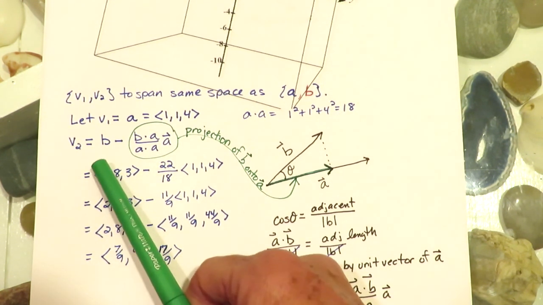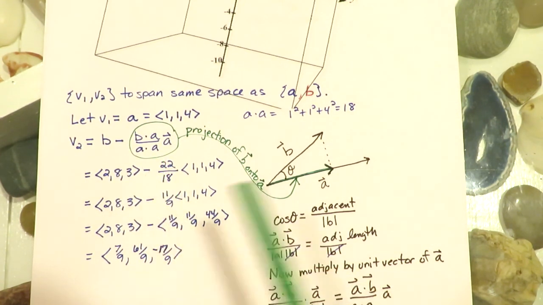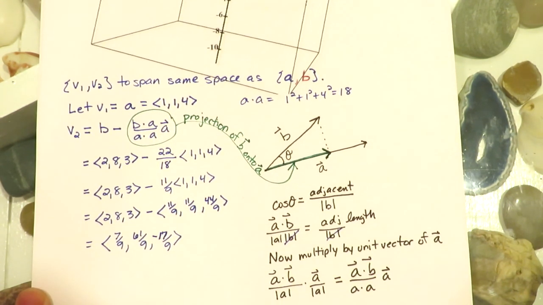And here is what we do. We take B, the other vector, and we subtract the projection of B onto A. You can compute the projection of B onto A by taking the dot product of the two vectors, B dot A, and dividing that by the dot product of A with itself.